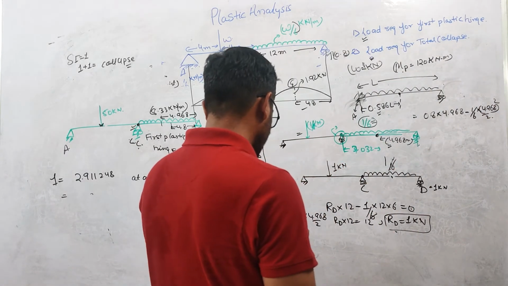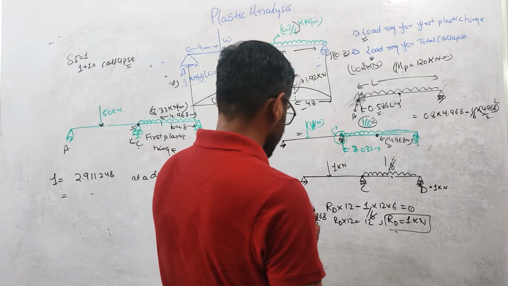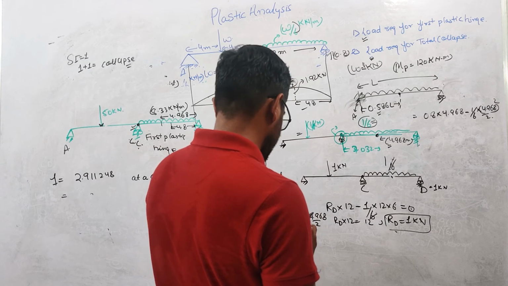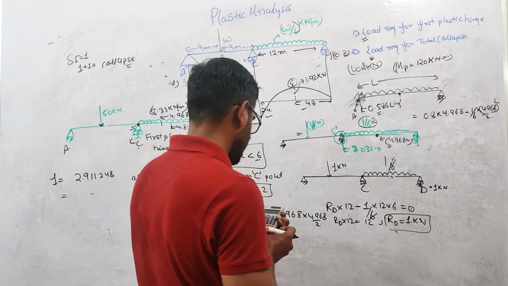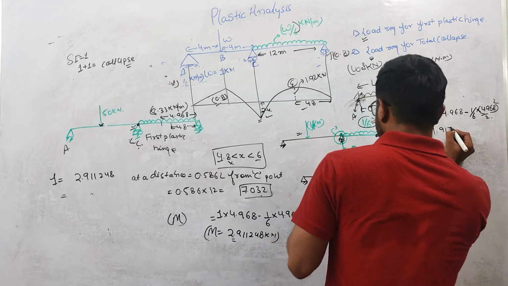So this value will be 4.968 minus 4.968 square divided by 12. So the value comes out to be 1.917.